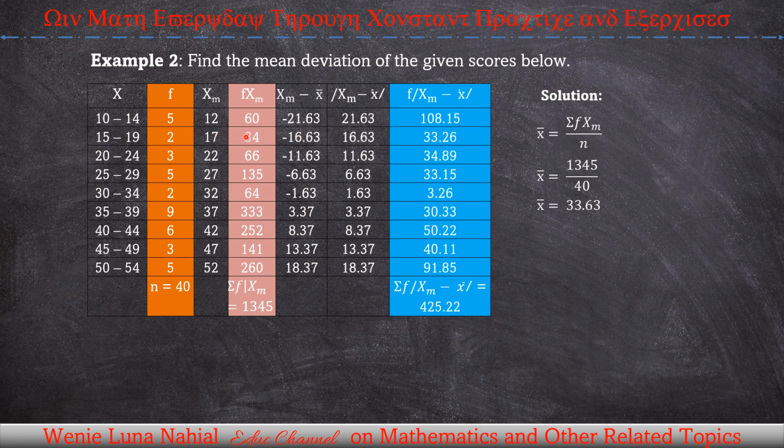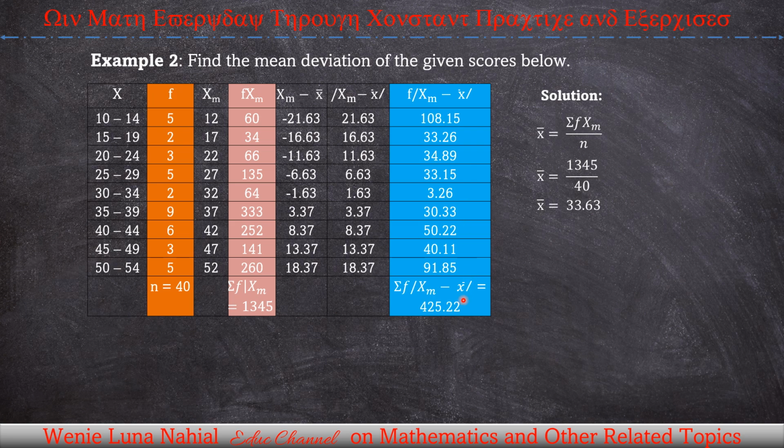Then 17 minus 33.63, that is negative 16.63. So you have to do it until the last pair. Then you take the absolute value, so the negatives become positive. Then after that, 21 times this one times the frequency, 12 times 21, you get this one.